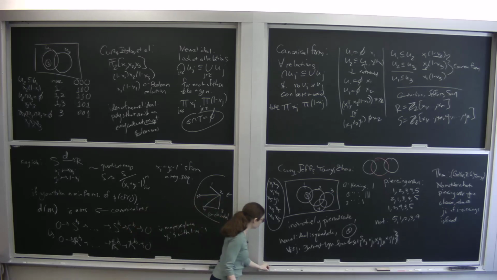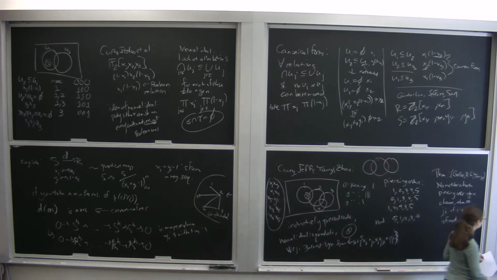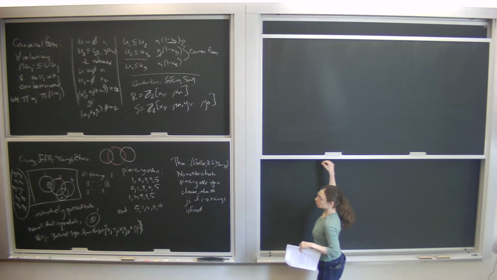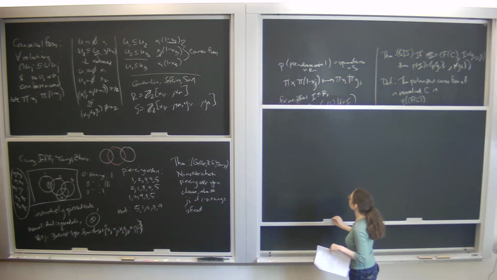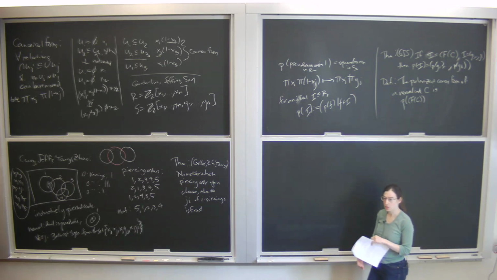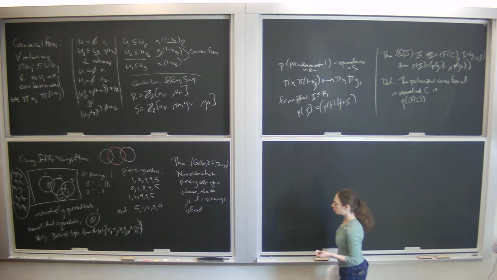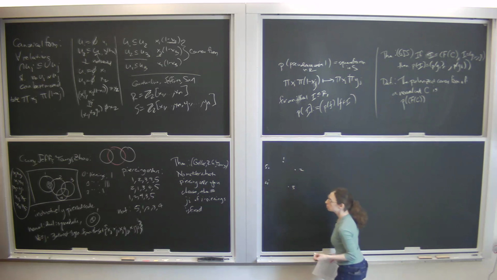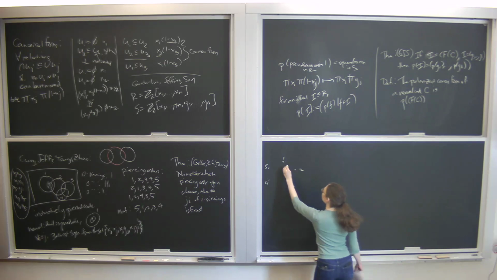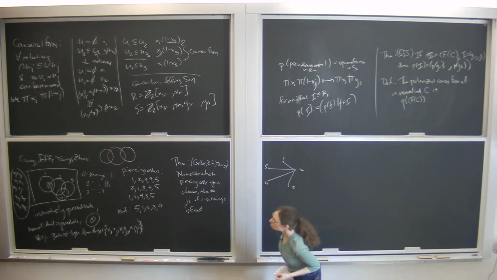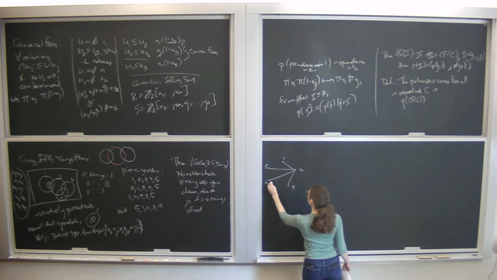Let me start a new board and just do this out. The complement is chordal. Okay, so I have 1, 2, 3, 4, 5, and I've got 1 connected to 2, 2 connected to everything, and 4 connected.